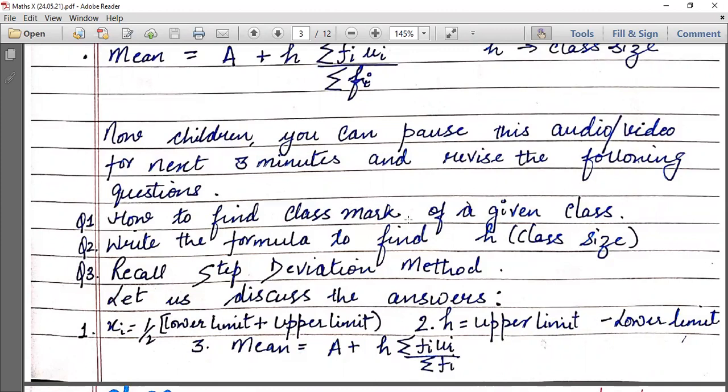If you want to find the class mark, it is half times lower limit plus upper limit. Now, second one, how to find h? It is upper limit minus lower limit. Then if you want to find the mean, it will be assumed mean plus h times summation fi ui divided by summation fi.